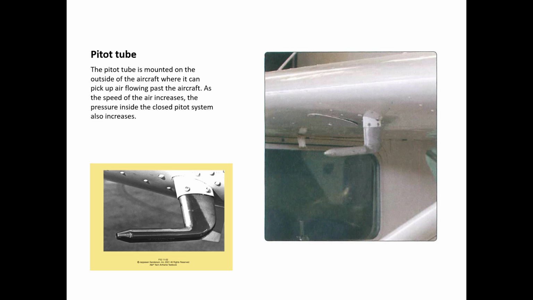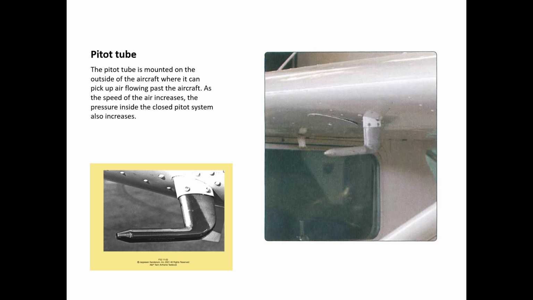Some pictures of it. It's mounted on the outside of the aircraft where it can pick up airflow that passes the aircraft. As the speed of the air increases, the pressure inside the closed pitot system also increases. So you can imagine the air pressure is, think of it being compacted, the faster the aircraft is going through the atmosphere.